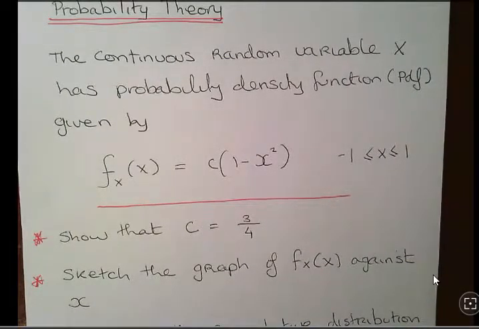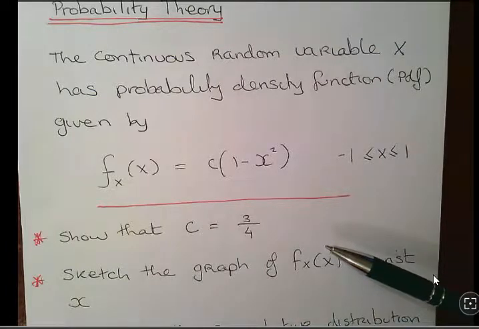Okay, so we have this continuous random variable X, and it has the probability density function given as follows. The probability density function is c times (1 minus x squared), in the range of values minus 1 to 1. The first thing we have to do is show that c is 3 over 4.